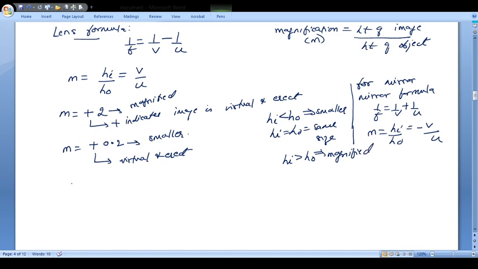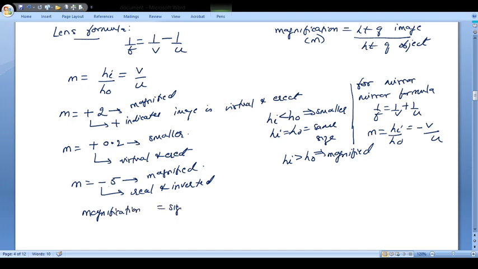And if I say m is equal to minus 5, the minus sign will indicate that it is real and inverted, and 5 will indicate it is magnified. It is exactly the same as what we had. So magnification will have sign and magnitude.